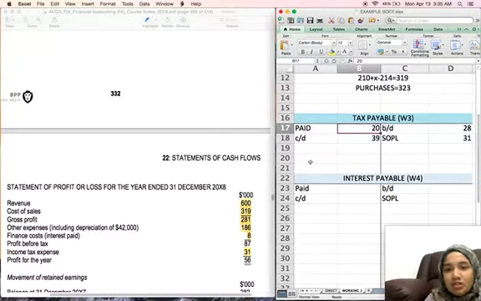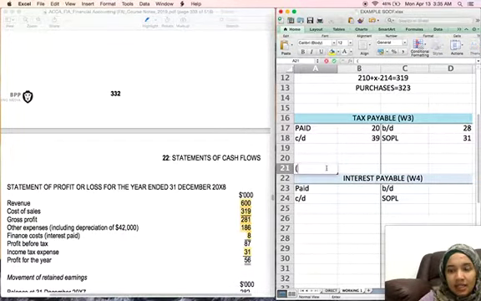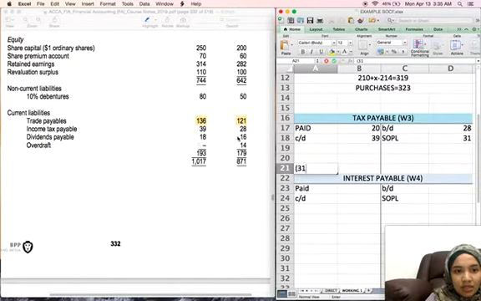Okay. It is the same. If you want to do the normal workings, that's fine. You will do it like this. During the year, income tax expense charged to you is 31. Supposedly you have to pay this. But last year, you had 28 not yet paid.